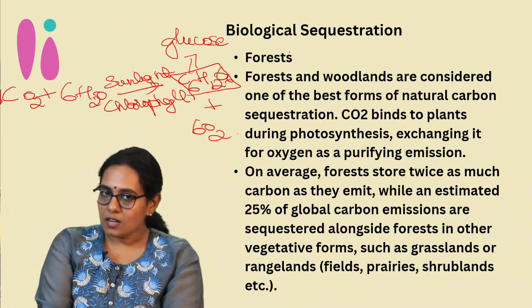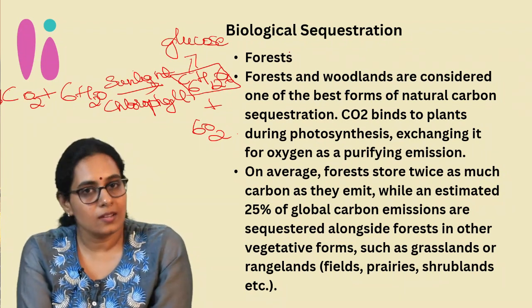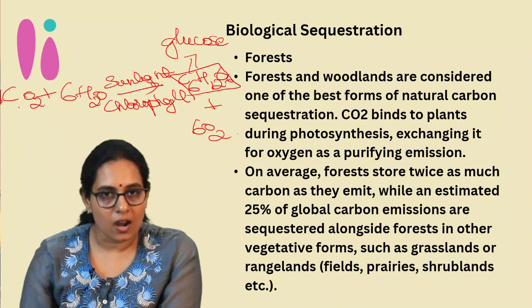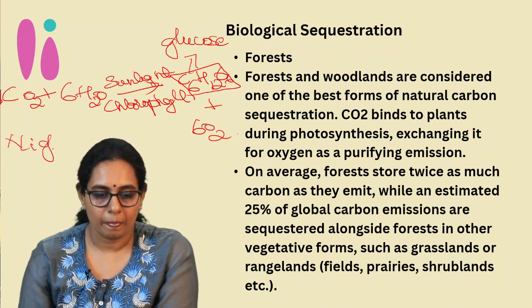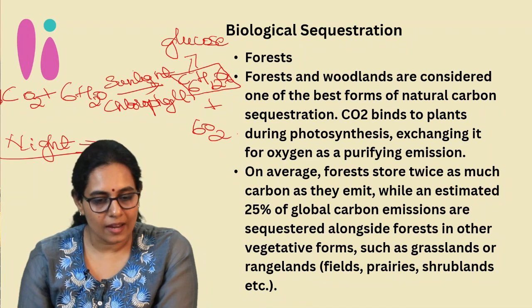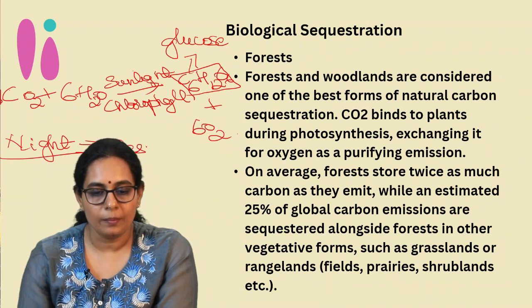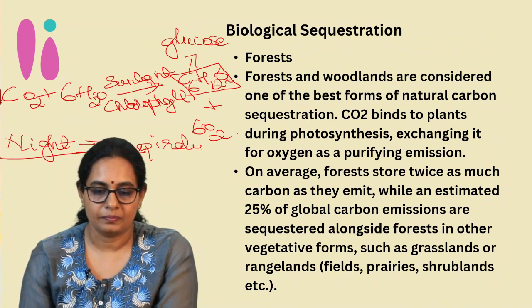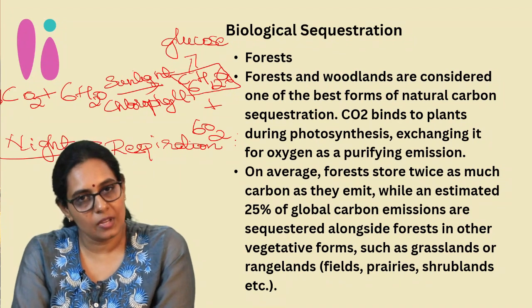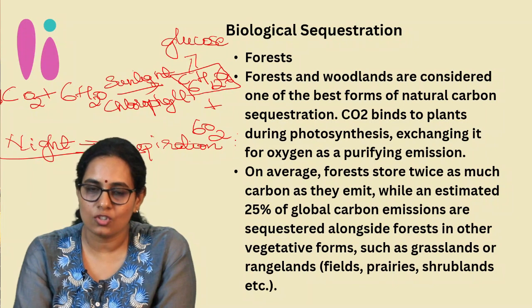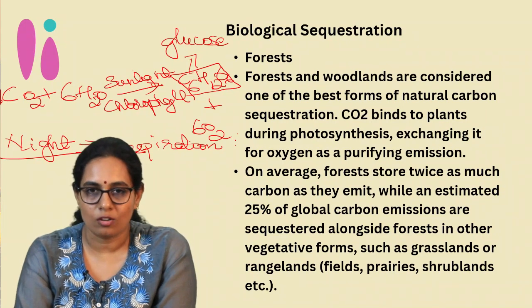Now, plants do photosynthesis during daytime. So what are plants doing during night? During night, plants are also doing respiration. So if plants are doing respiration, they are taking in oxygen and giving out carbon dioxide.